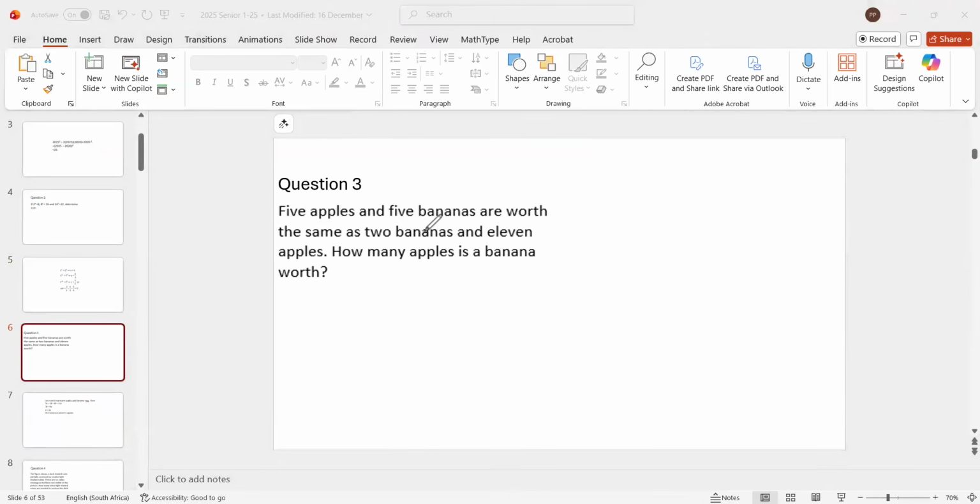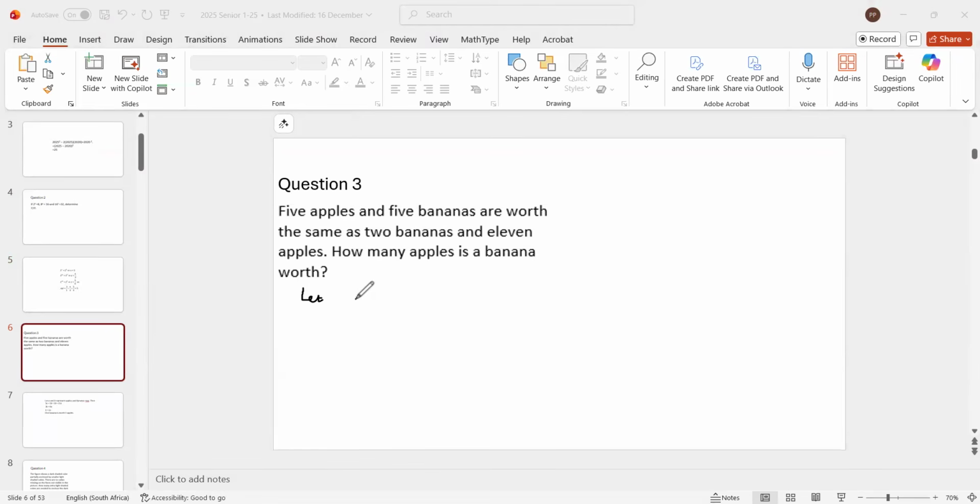Question 3 says 5 apples and 5 bananas are worth the same as 2 bananas and 11 apples. So it's all a question of money now. How much are apples worth? How much are bananas worth?